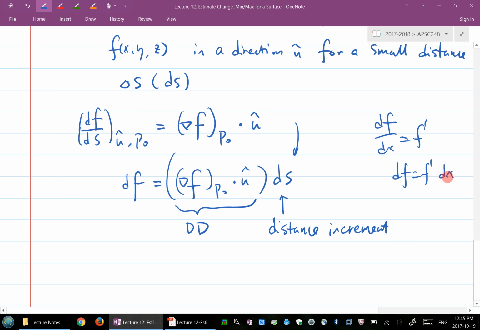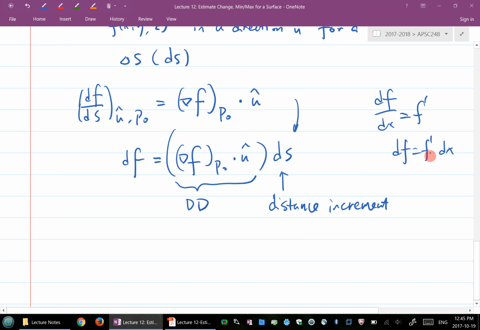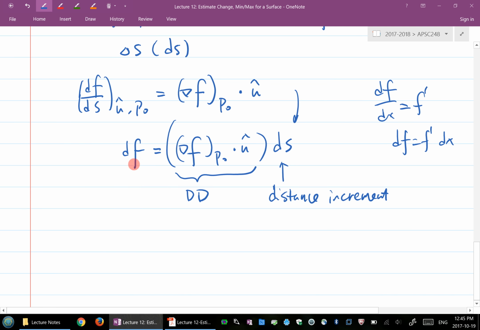So in terms of estimating the change, we can change the straight d to delta, so delta f equals this.